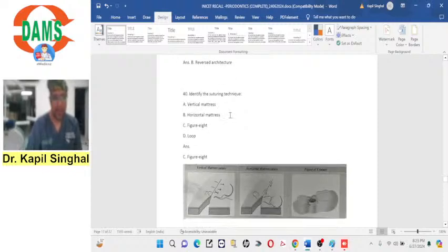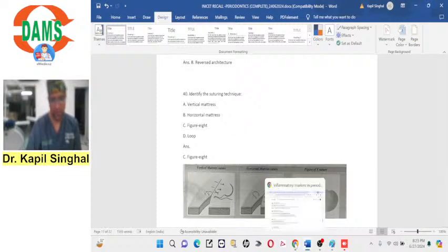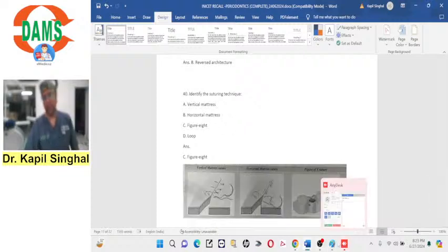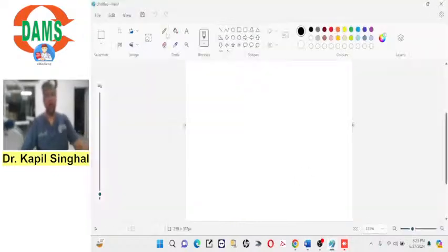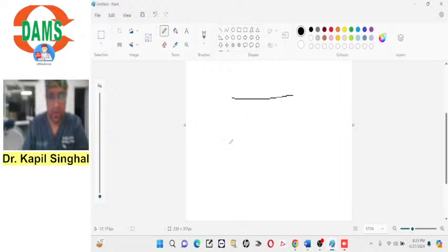Okay, identify the suturing technique. The picture was of a figure of 8. So I'll show you how a figure of 8 is given. I'll just draw it here. Suppose this is the buccal side and this is the lingual side.